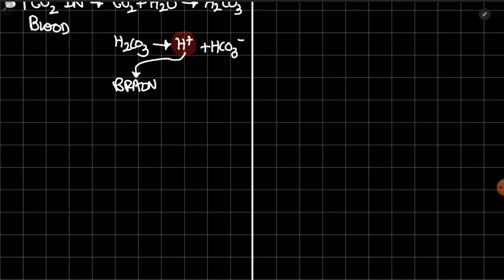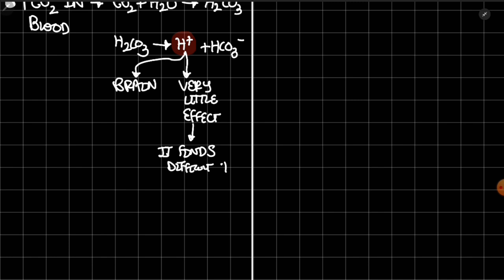When it goes to the brain, it has a very little effect. Why a very little effect in the regulatory mechanism? Because the H plus finds it difficult to cross the blood brain barrier.